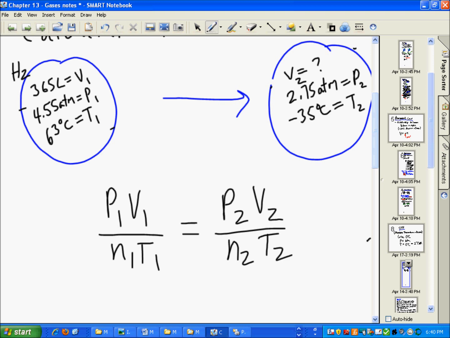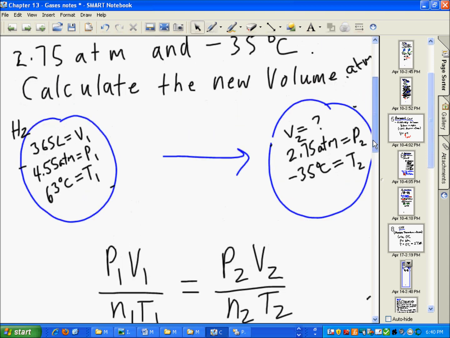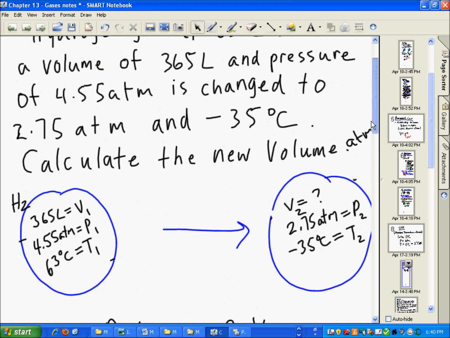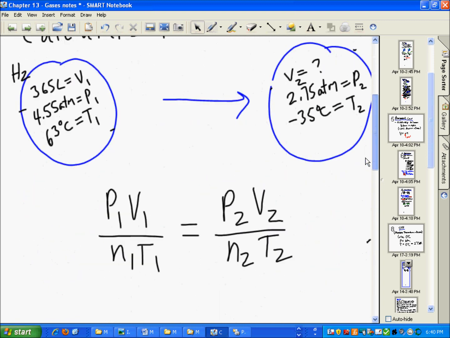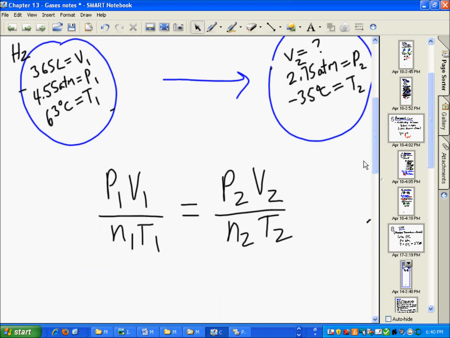And you notice the problem hasn't given any information about the moles, so we're going to assume that the moles aren't changing. And if the moles aren't changing, we can eliminate them from the problem.